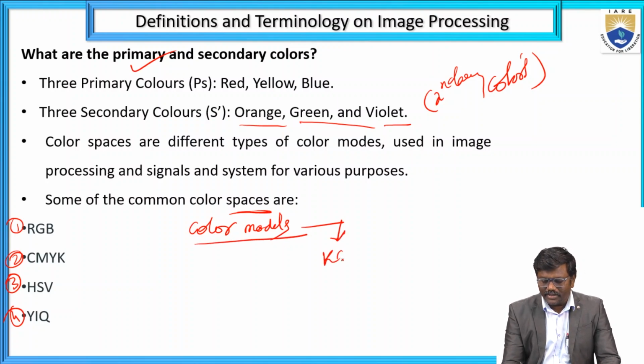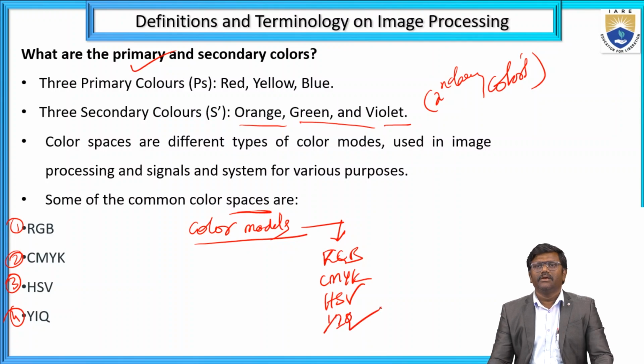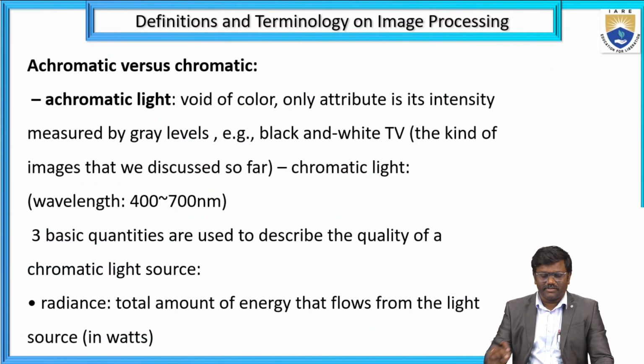One is the RGB color model, second is the CMYK model, another is the HSV model, and another which we can use is the YIQ color model. So we are understanding these under the primary and secondary color definitions.